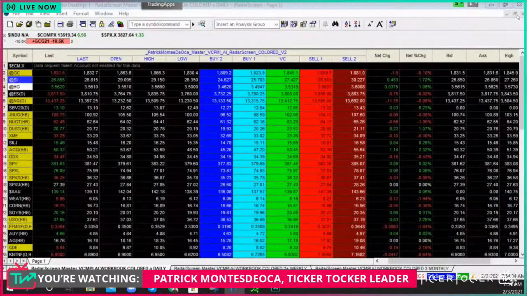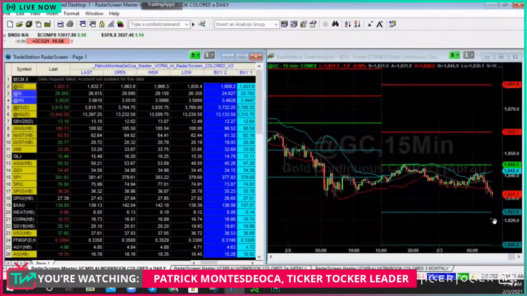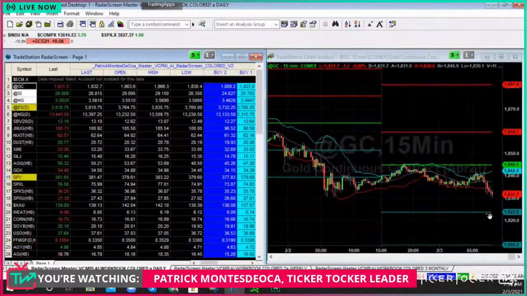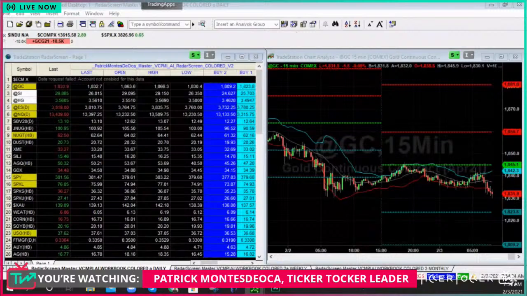A little bit of sell-off coming into gold here. I'm not sure if the market is going to come down to 1824, which is the next buy one level here. So let's just keep an eye on this stuff. $1830.10 so far is the low.